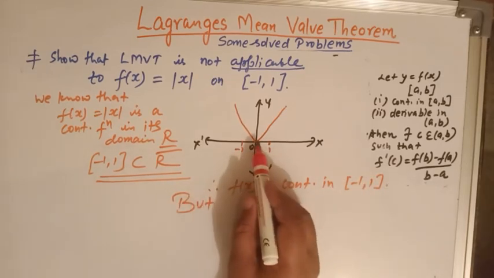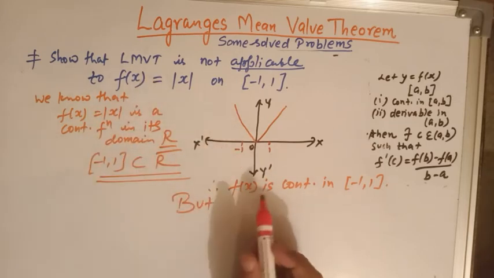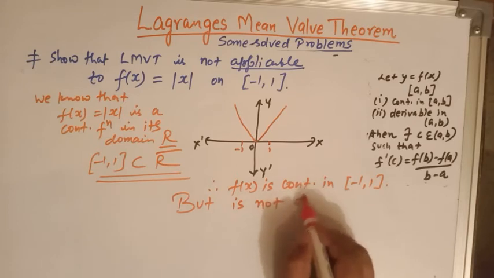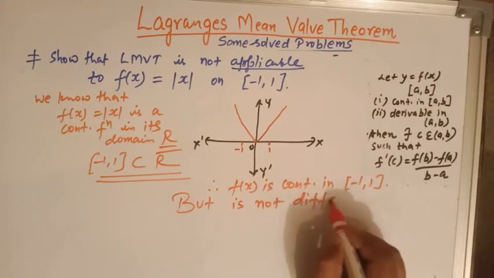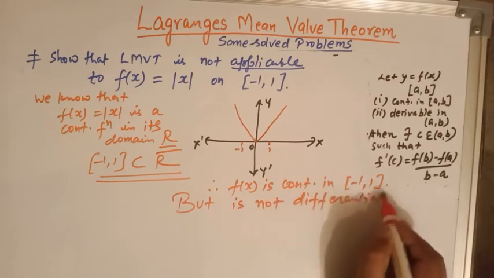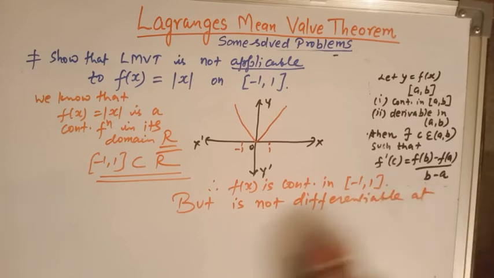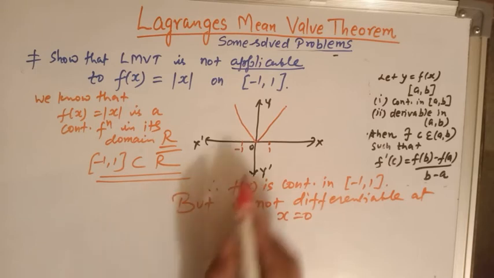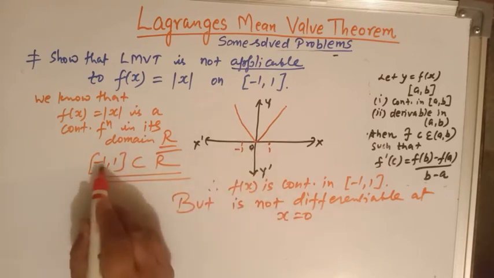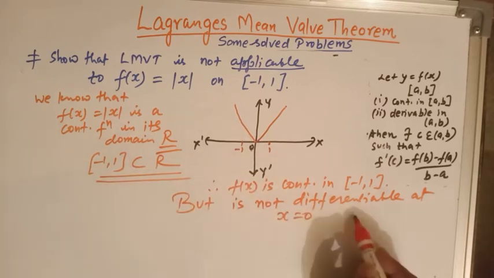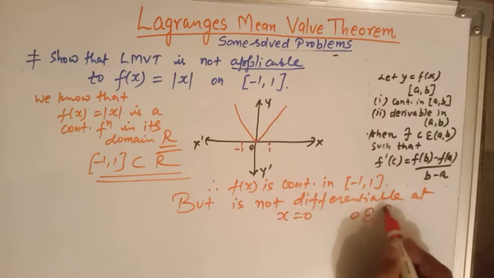we know that this absolute value function is not differentiable at x equal to 0. Clear? And 0 lies in this interval, and 0 belongs to this interval.